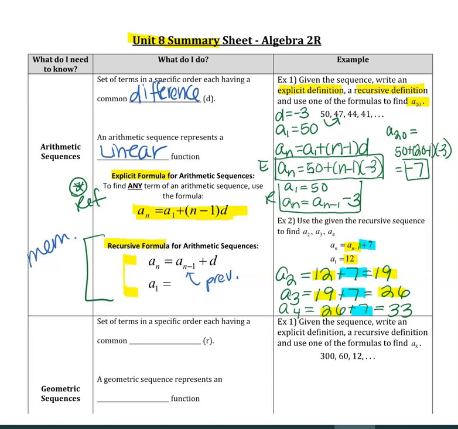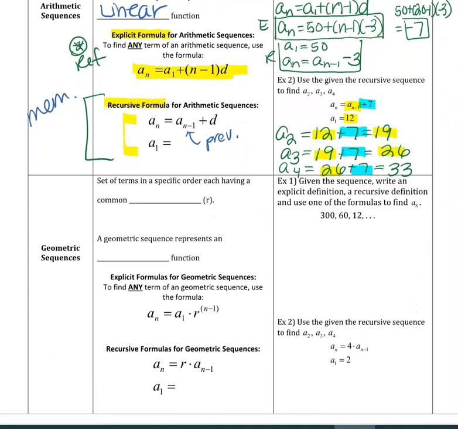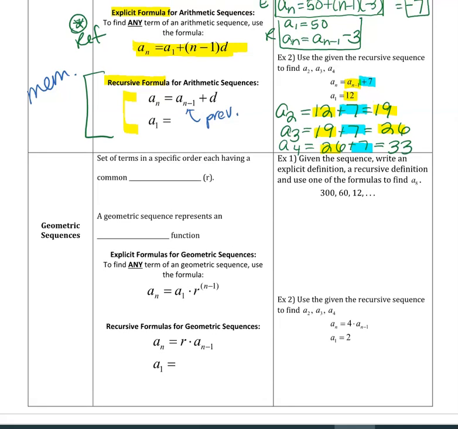All right, so let's move on down to the next section on geometric sequences. So a geometric sequence is a set of terms in a specific order, each having a common ratio, which we call R. A geometric sequence will have features similar to an exponential function.